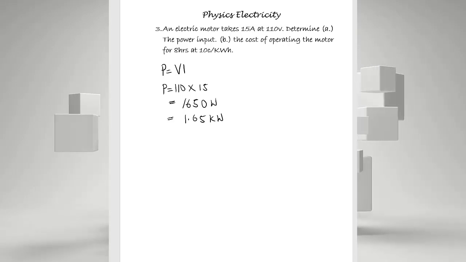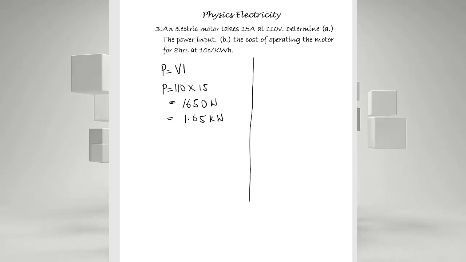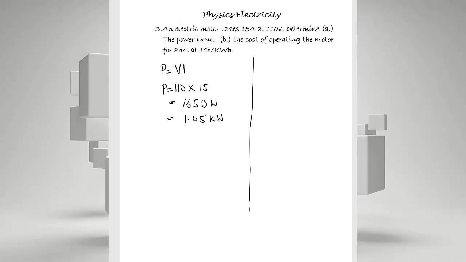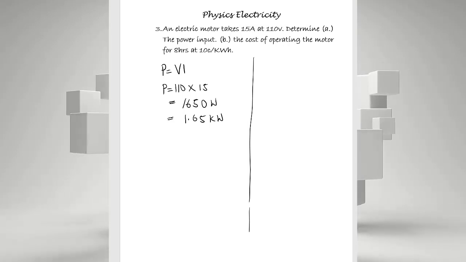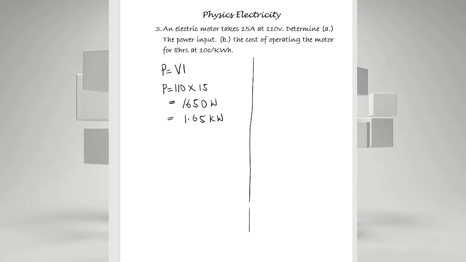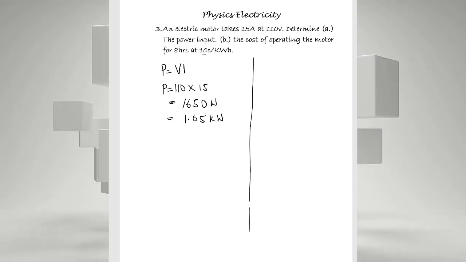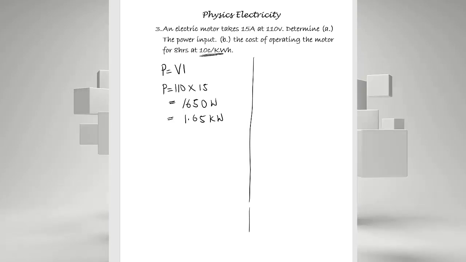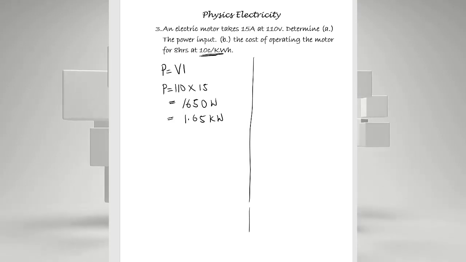Okay, the second part says the cost of operating the motor for 8 hours at 10 cents per kilowatt hour. Now, that word kilowatt hour has to do with the work done. You know that work done is equal to power times time. So kilowatt hour in itself is a way of expressing work done.